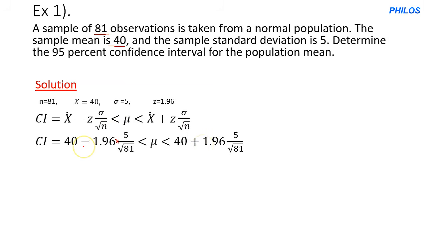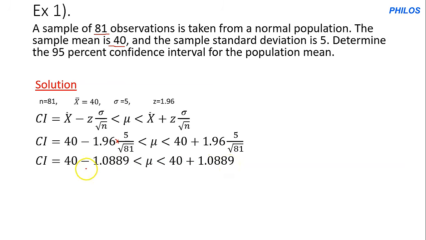So, you have 40 minus, when you put 1.96 times 5 over root 81 on your calculator, you get 1.0889, okay? And then at this side too is the same. So that will be 40 minus 1.0889. And at this side too, you have 40 plus 1.0889.